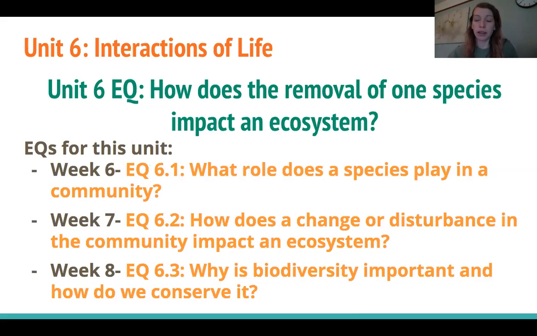And the big picture at the end of this unit is looking at how if one species were to be removed from an ecosystem, how would that impact everyone else? So it's kind of looking at how everything's connected, how the outcomes of one thing can affect the outcomes of another, and just seeing how all of life connects in that big old ecosystem and web of life.